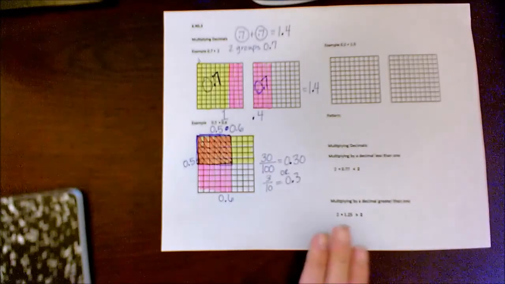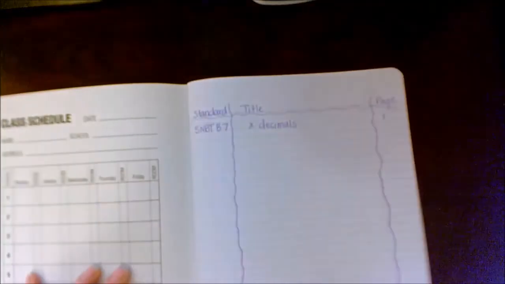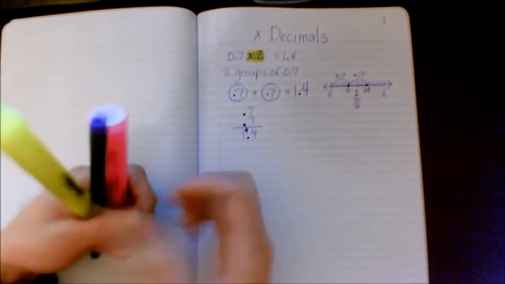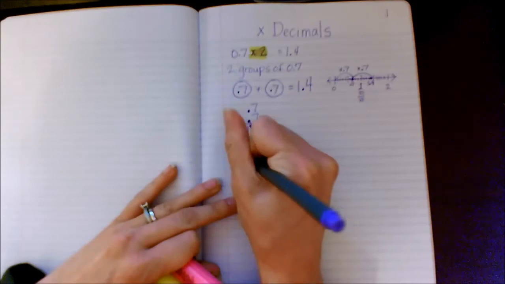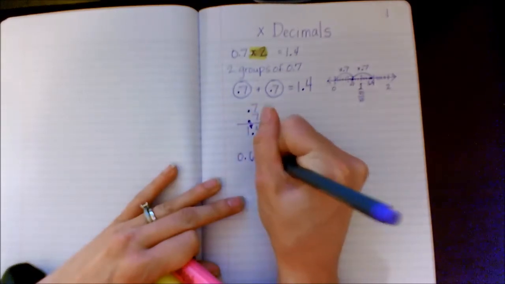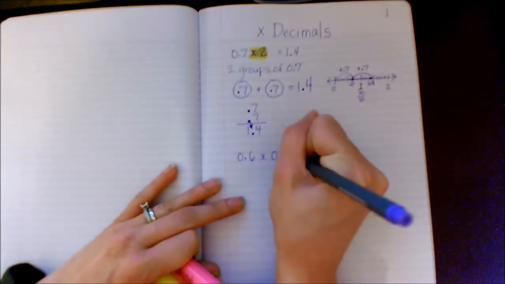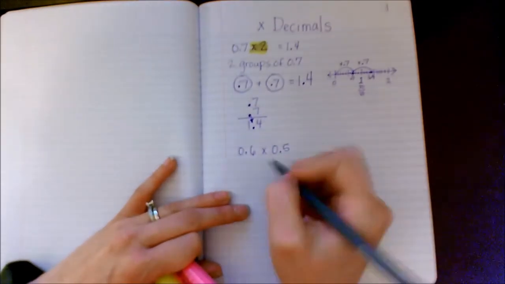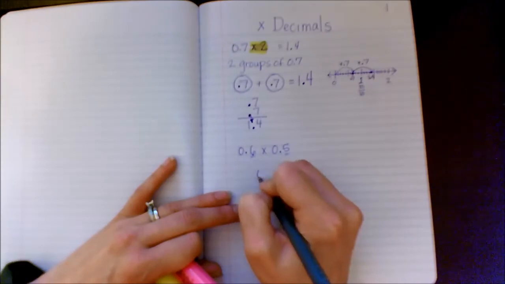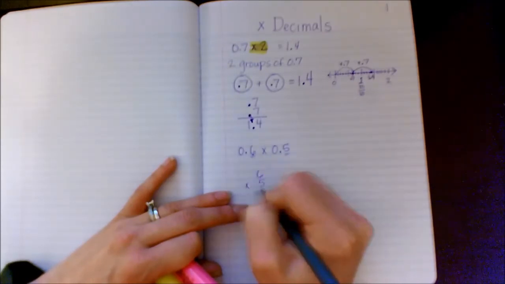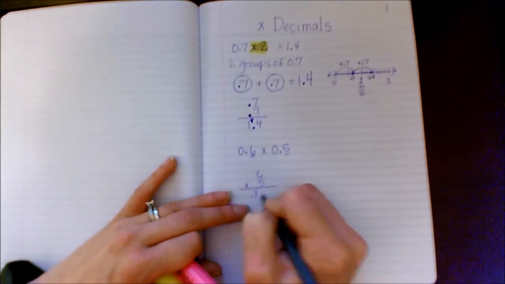So when I'm doing this kind of problem, I need to be thinking about if I'm doing 6/10 times 5/10. Okay? I'm just going to think about 6 times 5. I know that 6 times 5 is 30.